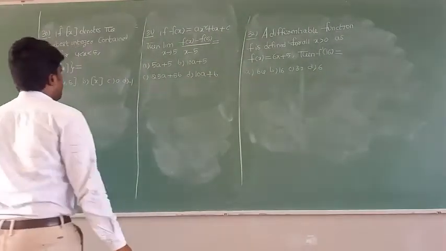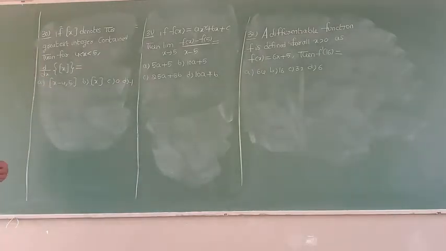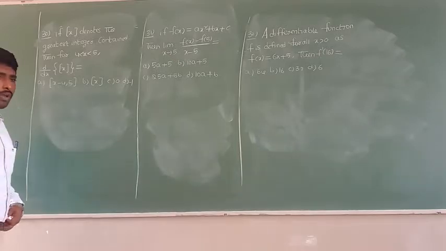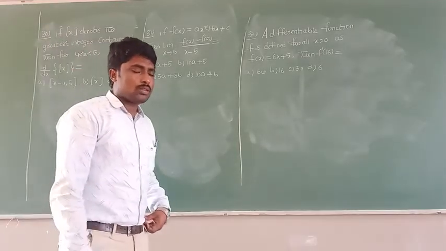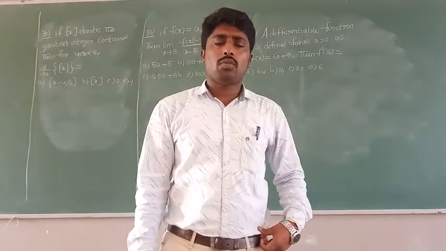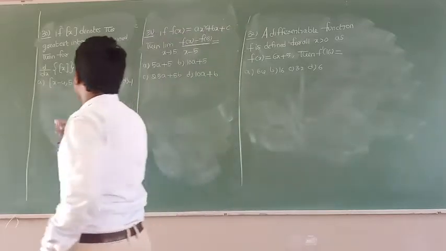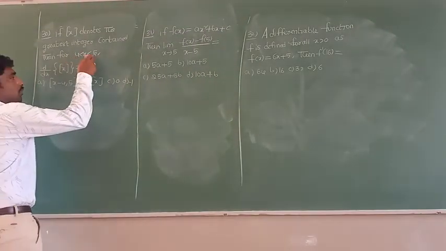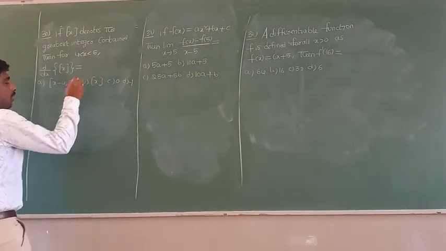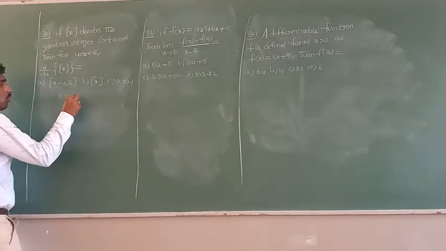They given here, if box of x denotes the greatest integer function, and the x values lie between 4 and 5, then what is the step value? For example, I am taking x equal to 4.1.